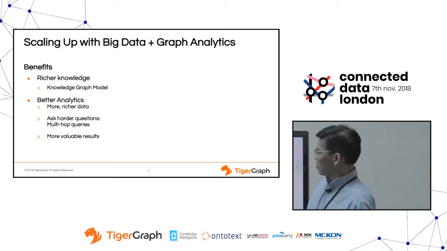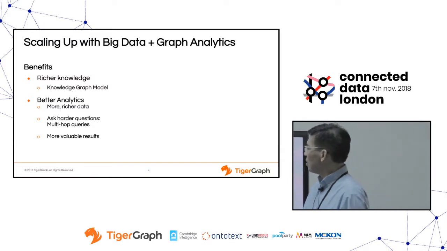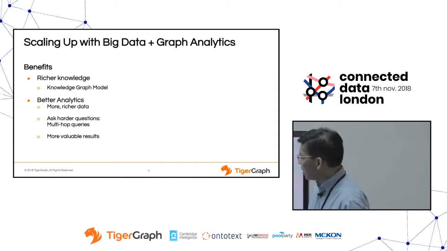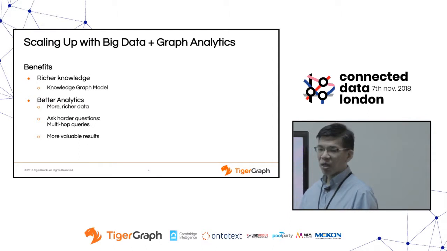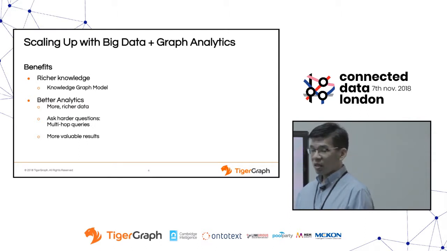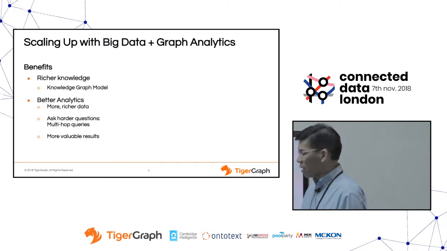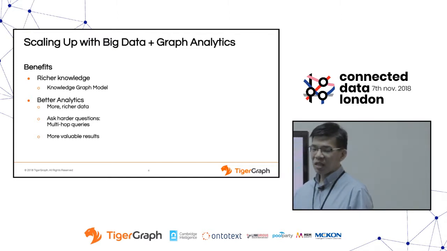If you're going to try to connect not just data, but big data with graph analytics, here are some of the benefits. You're going to have richer knowledge from big data. It should not just be all of the same, but should represent a wider distribution, a better sample of the greater world. The term knowledge graph is often used, and some say some graphs are knowledge graphs.